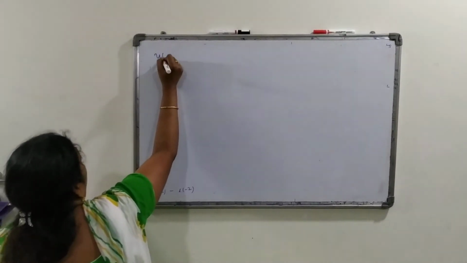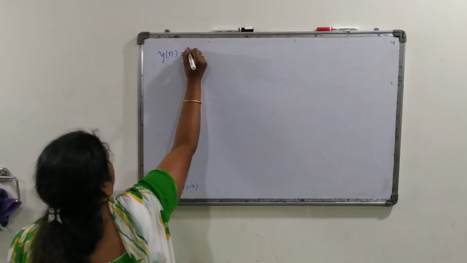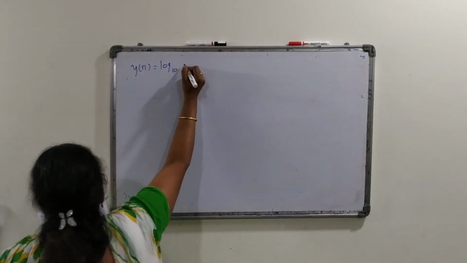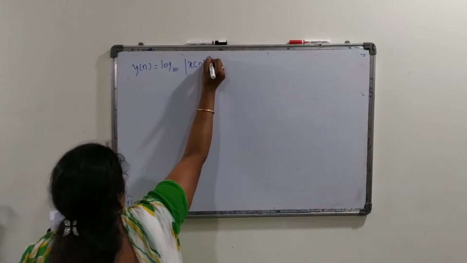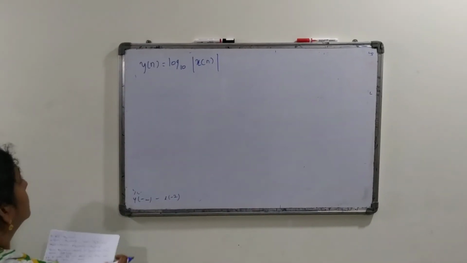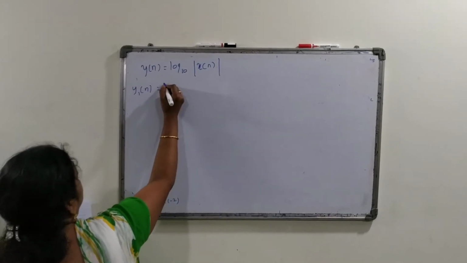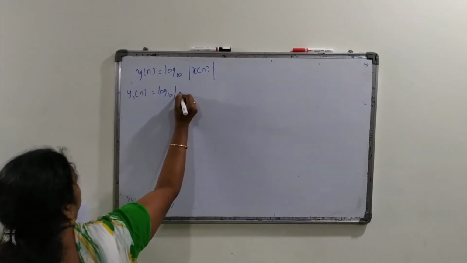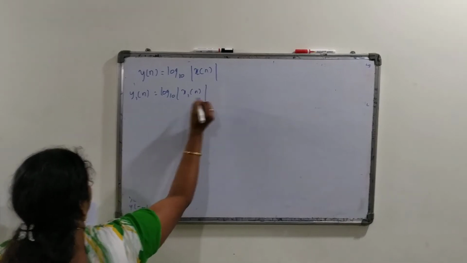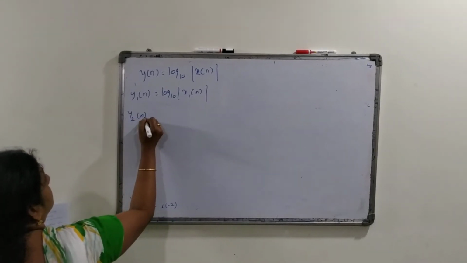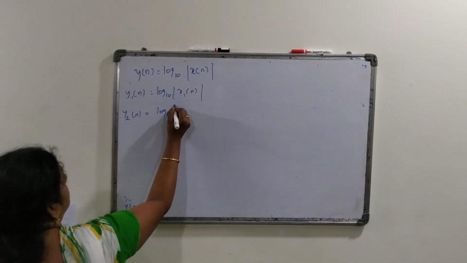The question is, y of n is equal to log 10 mod x of n. For the same question, y1 of n we take is log 10 mod x1 of n, then y2 of n is log 10 mod x2 of n.